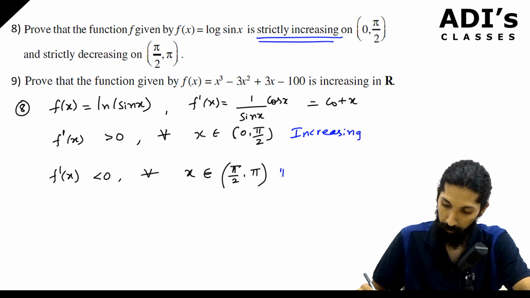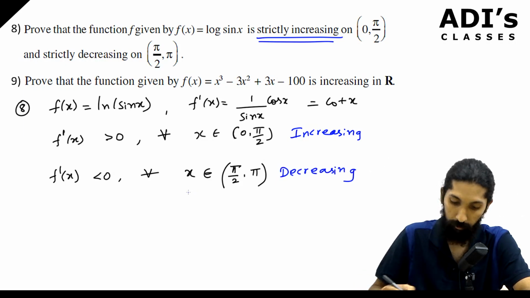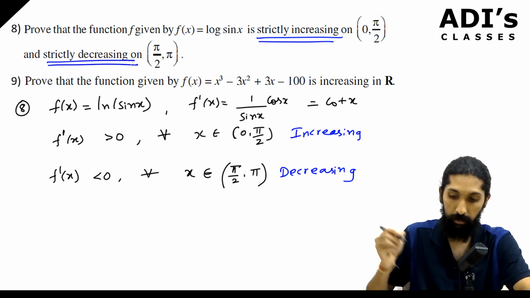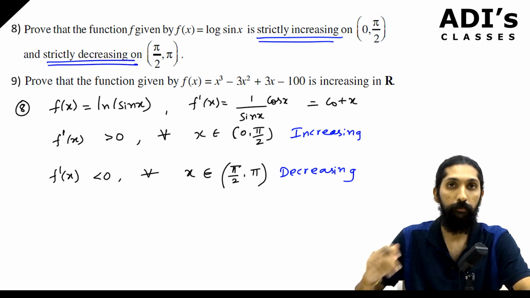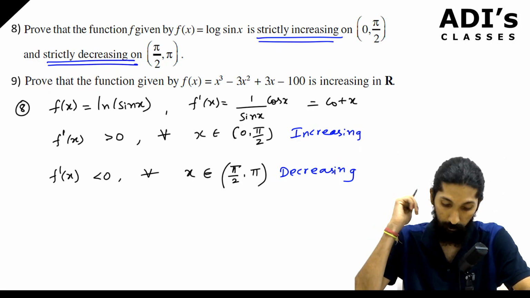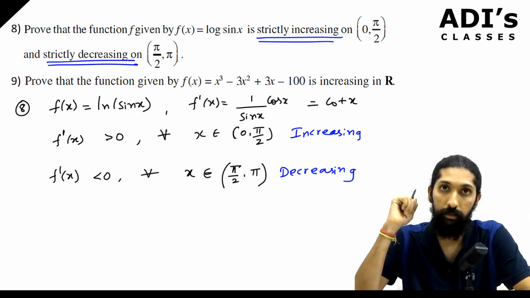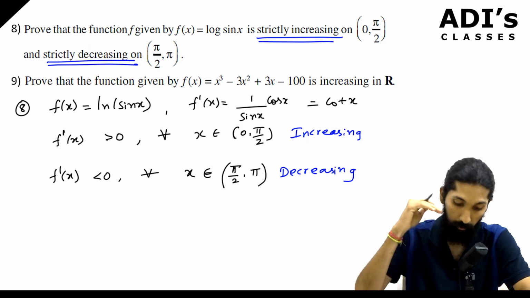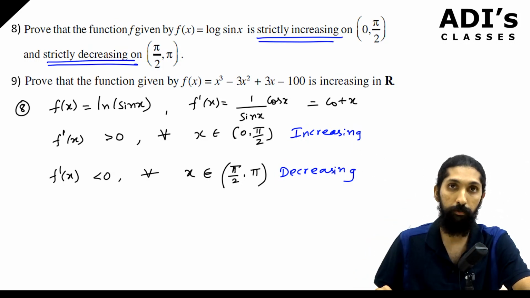So this is going to be a decreasing function. So we proved that it is strictly decreasing. Fine. So we just proved that from 0 to pi by 2 it's increasing, pi by 2 to pi it is decreasing. Correct? Now let's do the ninth problem.